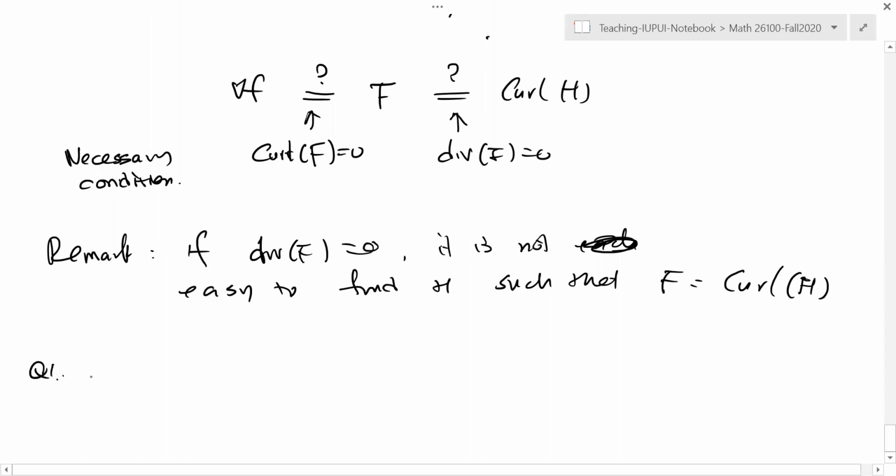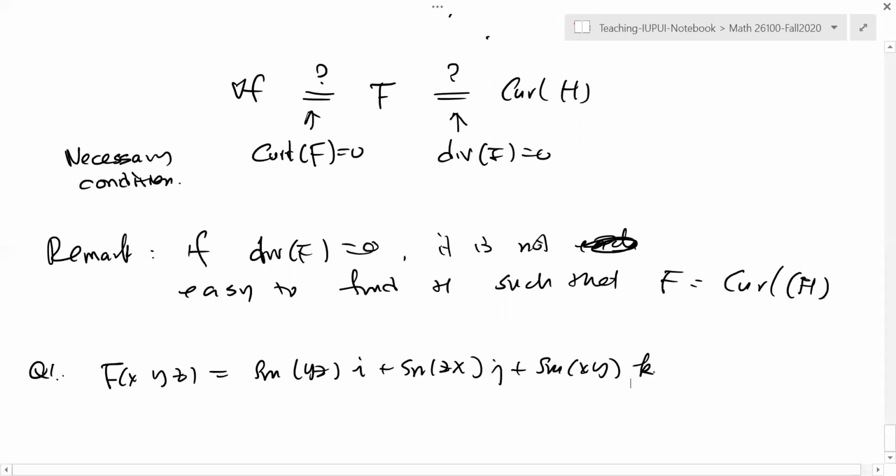Let F(x,y,z) be sin(yz) i plus sin(zx) j plus sin(xy) k.